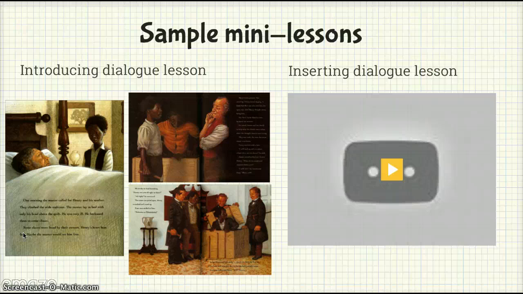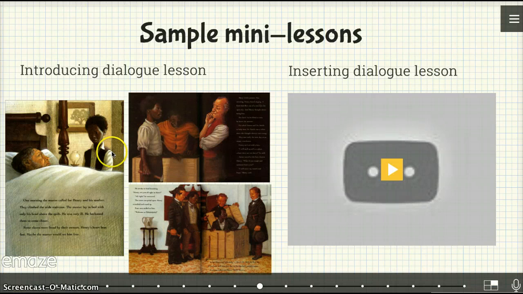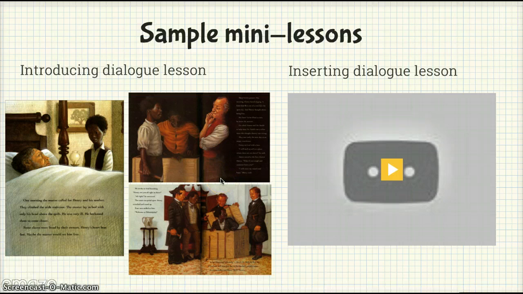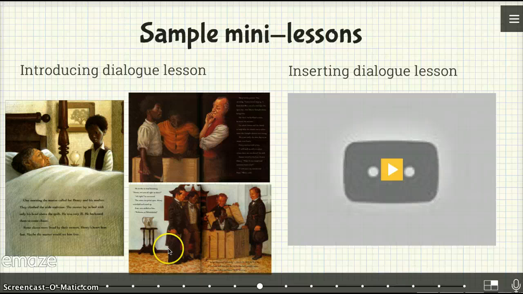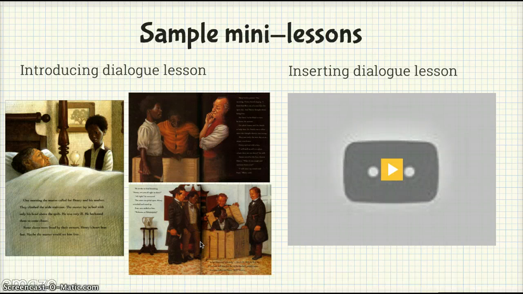I don't see any examples of Henry saying something or the master saying something. But then as the story goes on, the characters start to talk with one another. I would point out the example with the quotation mark showing this character is talking, and the quotation mark starts what they're saying and the end quotation mark stops what they're saying. I'd point out the examples and then let students help on subsequent pages point out examples of dialogue as well.